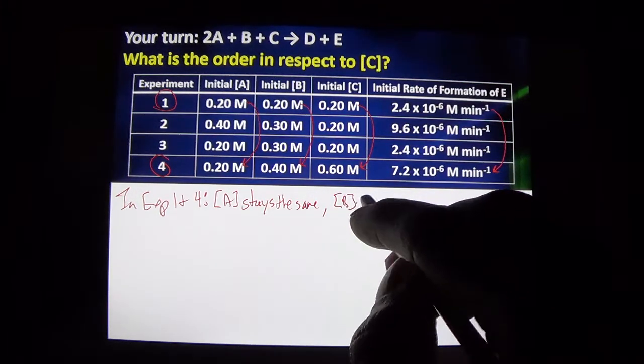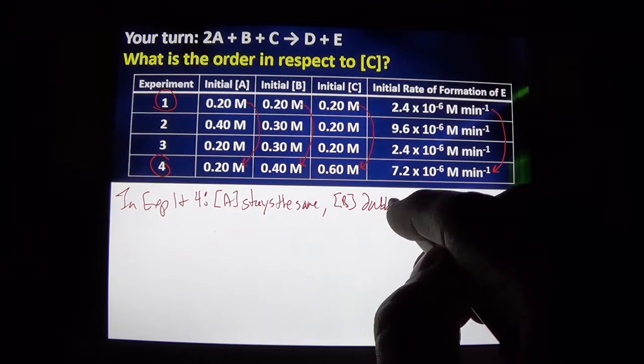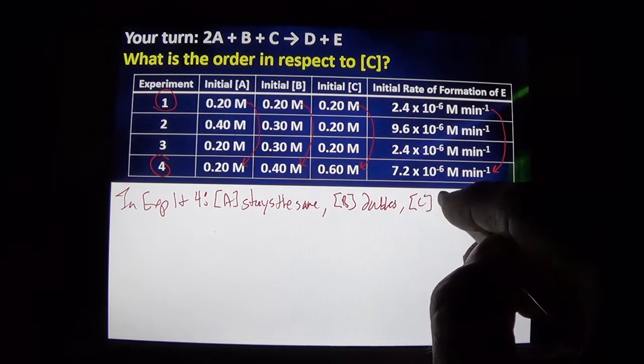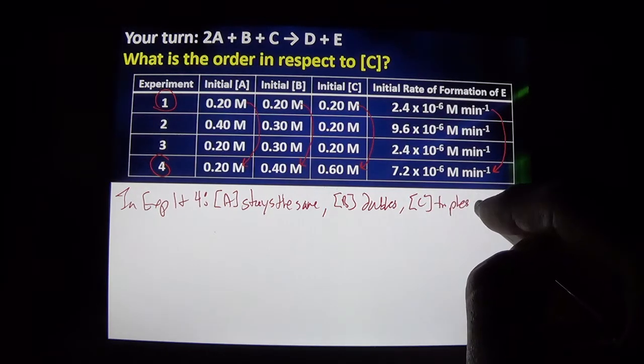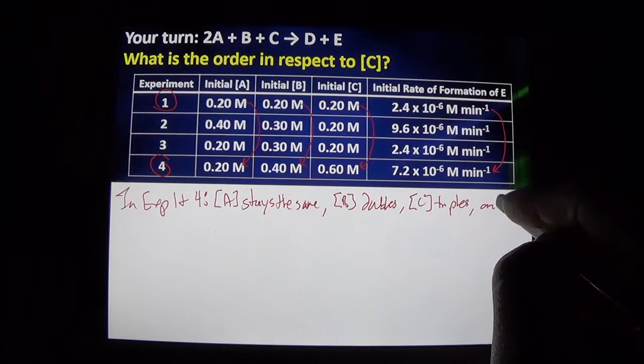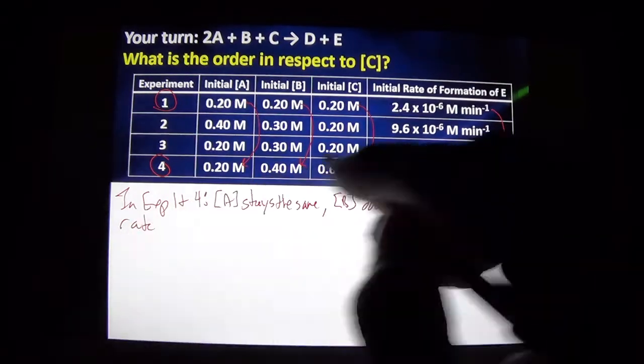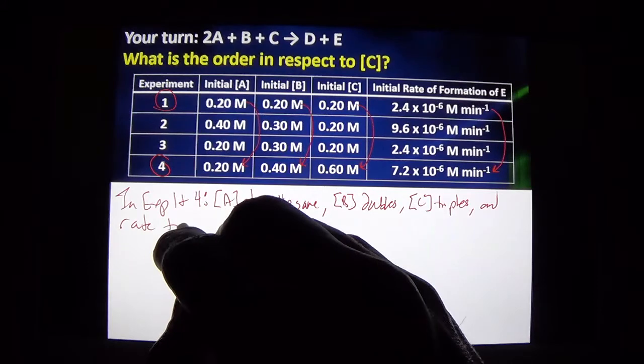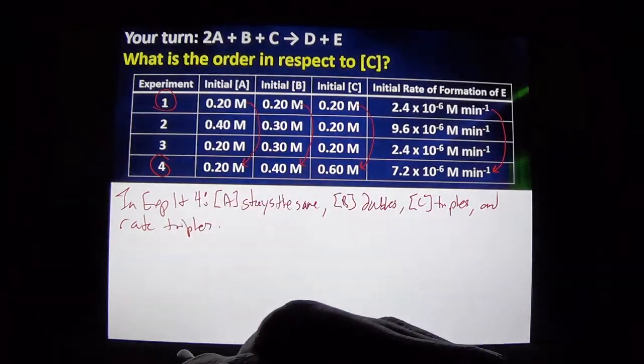Concentration of B doubles. And concentration of C triples. And the rate, now let's check out the rate. Exponents are the same, so look at the numbers. The rate triples.